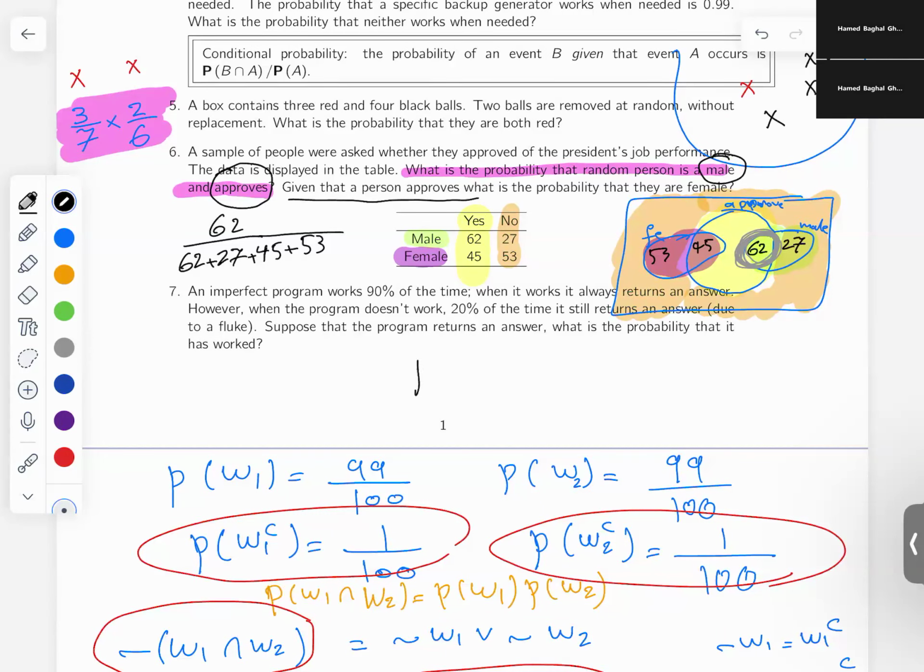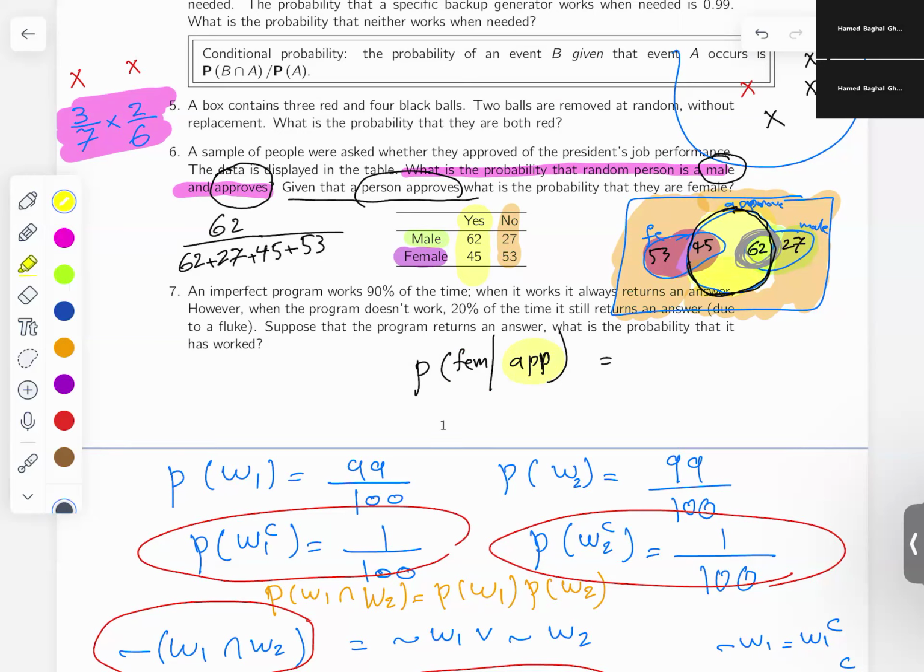So probability of given that person approves. Okay. So I limit myself, so this means now I am only in the yellow part. Approve. What's the probability if it is female? Well, I know I limited myself to the yellow.